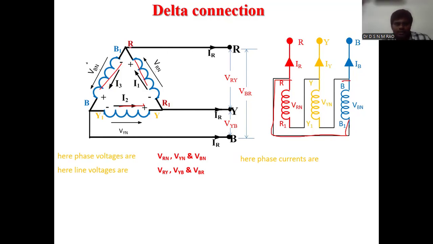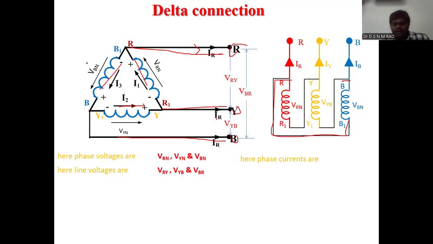Here we observe this is the R phase, this is the Y phase, this is the B phase. These are the lines: R line, Y line, and B line. Three lines, three phases. So IR is the current flowing through the R line.